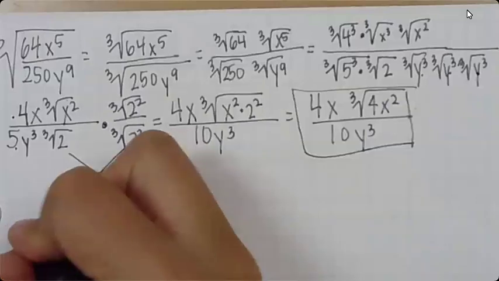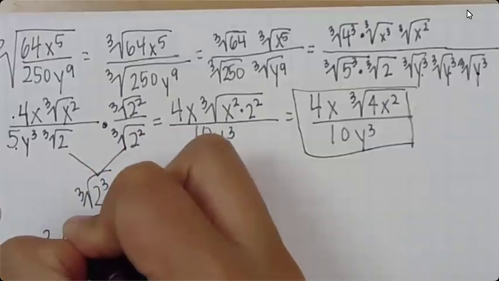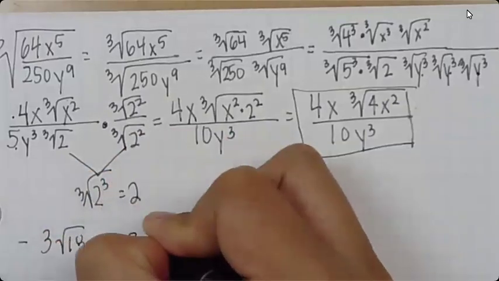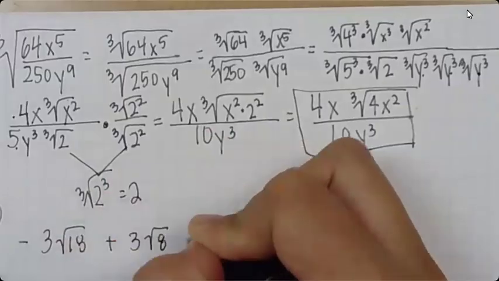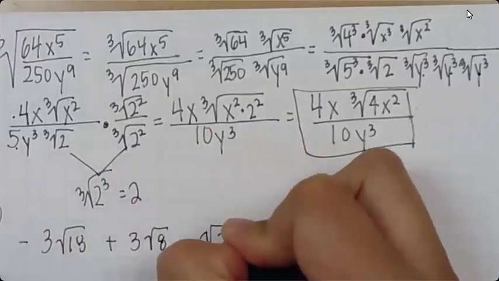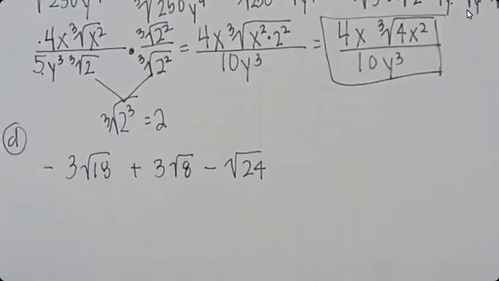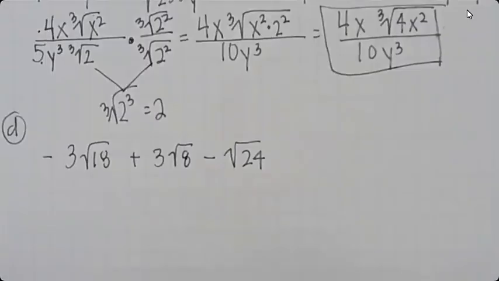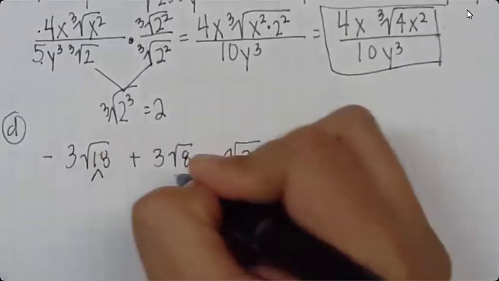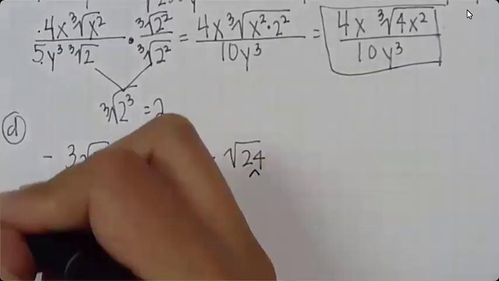Okay, now let's look at number D, which is -3 square root of 18 plus 3 square root of 8 minus the square root of 24. I'm gonna split all of these up, okay?